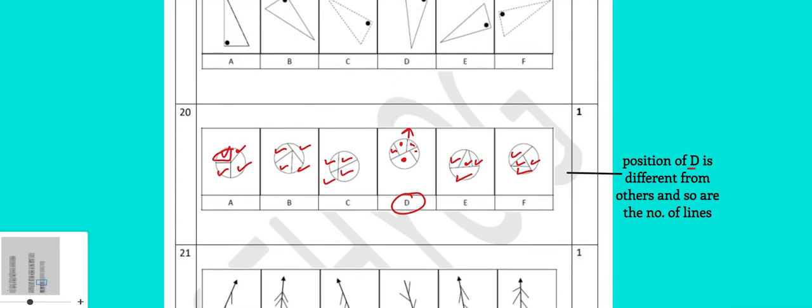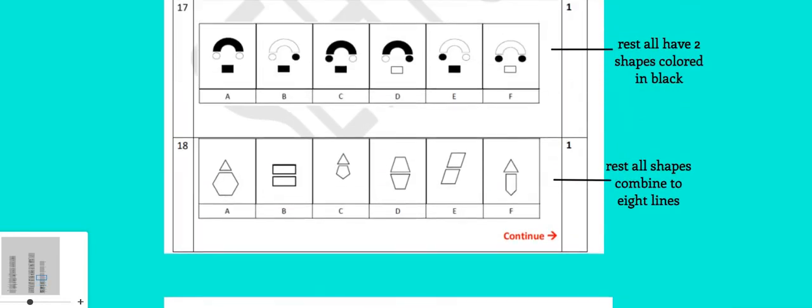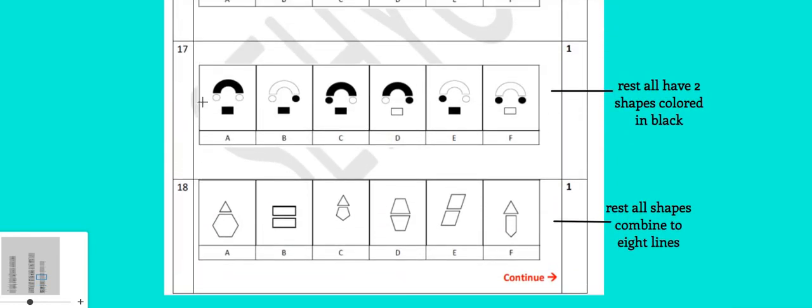So 5 spaces are created here, making D our correct option. Moving on to the next example, that is example number 18. I hope I was able to make you all understand example number 20. Now moving here, all the rest of the shapes combine to make 8 lines. So let us see. Here we have a hexagon. So 3 and 6, since a hexagon has 6 sides.